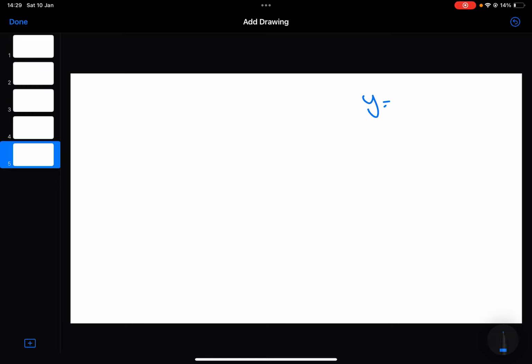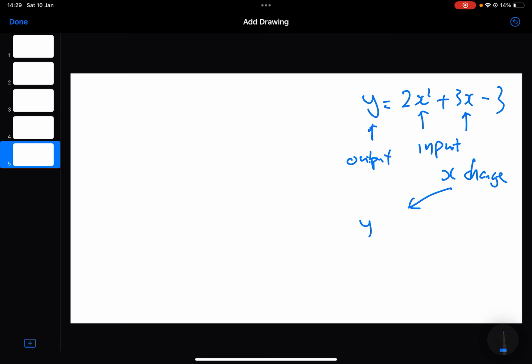Meaning when I have some equation, let's say 2x squared plus 3x plus or minus 3, something like that, I view this x as my input, then I view this y as my output. Meaning I change my x. When my x changes, it will lead to a change in my y. My y also will follow, will change.